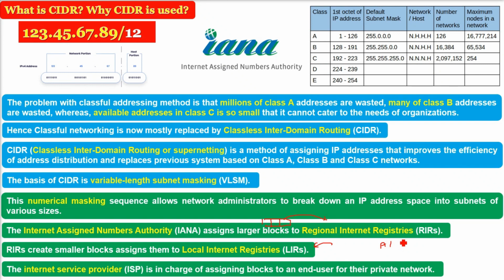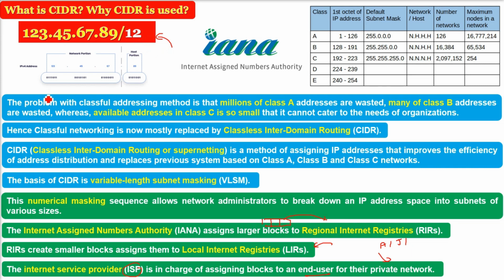You have Fido or Airtel or Jio, different service providers, which are internet service providers. After all this is done, the ISP is in charge of assigning the blocks to the end user, because you are actually paying the ISP, not IANA. So for any private network, the ISP will provide.